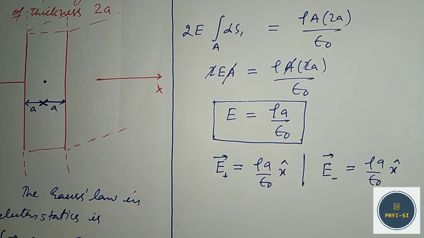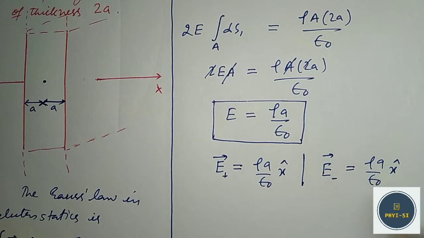Like the result for an infinite plane sheet, the electric field in this case is also constant, just with this factor a.